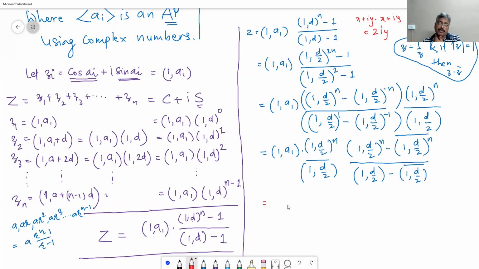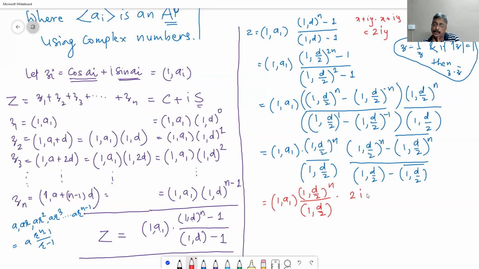So this is equal to 1 comma a1 1 comma d by 2 raised to n divided by 1 comma d by 2 into, what is this? Imaginary part of this complex number multiplied by 2i. What is the imaginary part of this complex number?